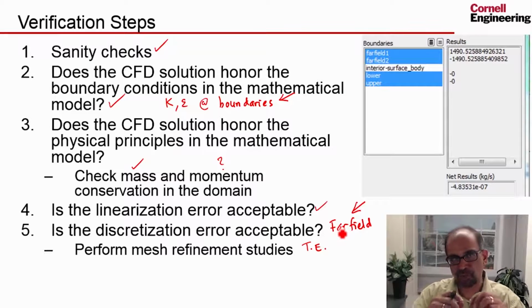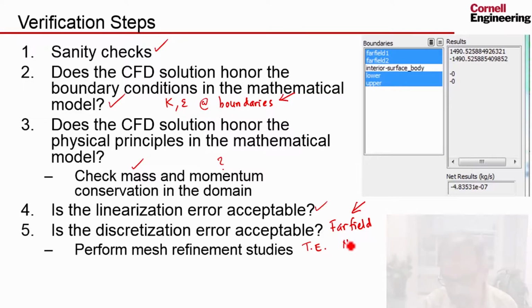We saw that we just had one cell across the turbulent boundary layer. So that's a problem. So the near wall mesh. And in fact, in turbulence, you have to know what the near wall treatment is, and there's something called Y plus, and you have to check the Y plus, and I'll talk about that because that's an important consideration.